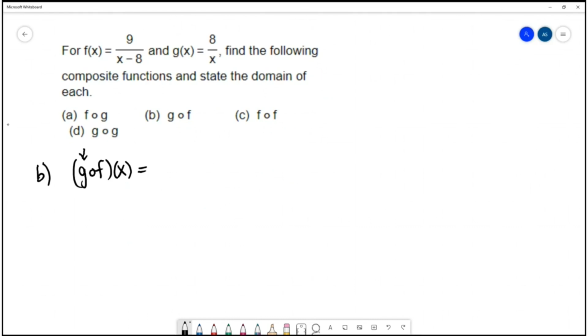The one before our symbol is the outside. The one after our symbol is the inside. We're going to have g of f of x. So we're going to take our function f of x and substitute it into the function g.